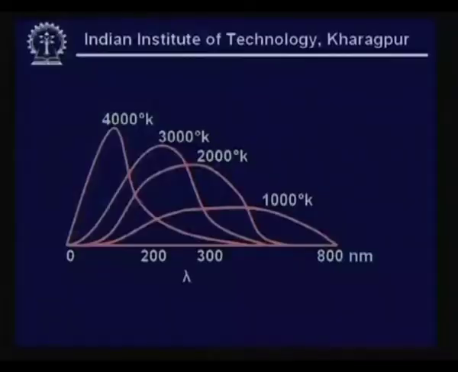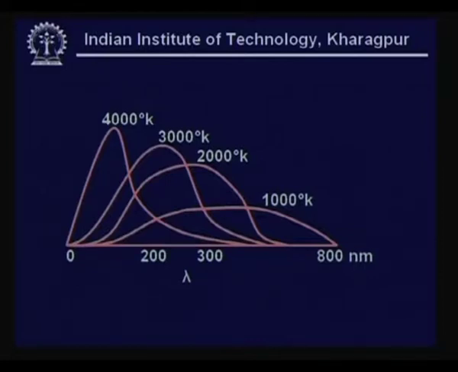Here this diagram shows the radiation spectrum for black bodies placed at various temperatures. We can see the curves given for 1000 degrees Kelvin, 2000 degrees Kelvin, 3000 degrees Kelvin and 4000 degrees Kelvin.